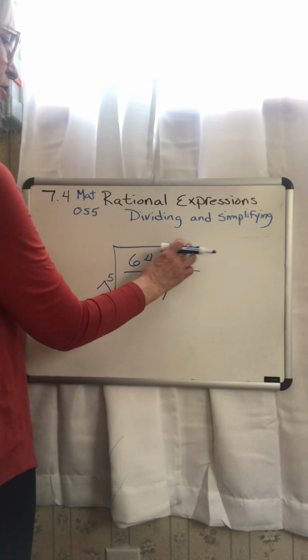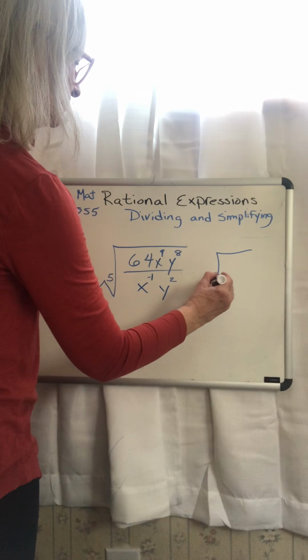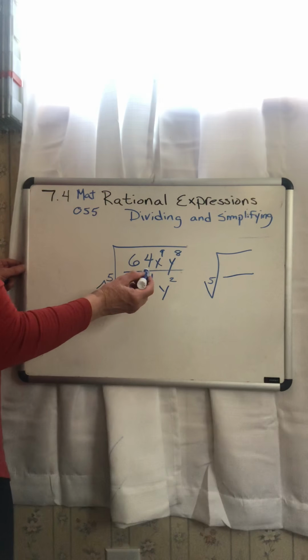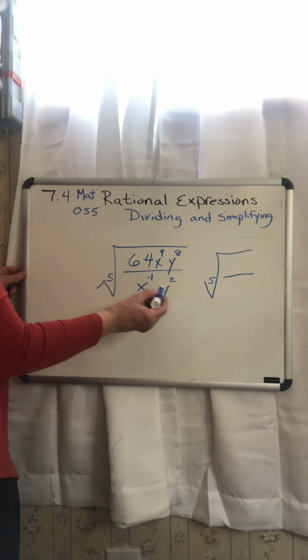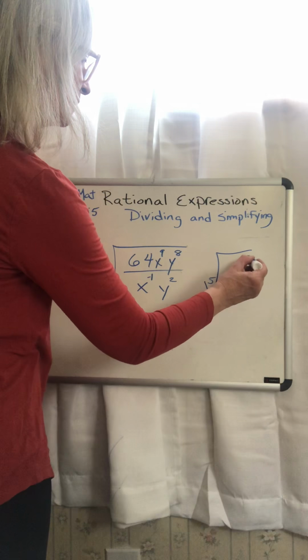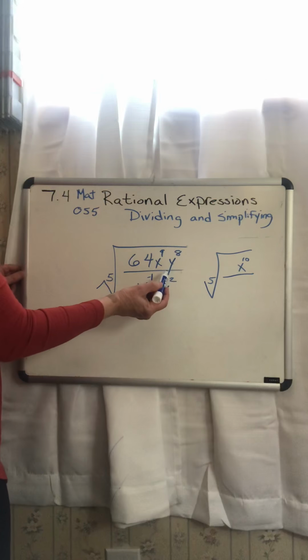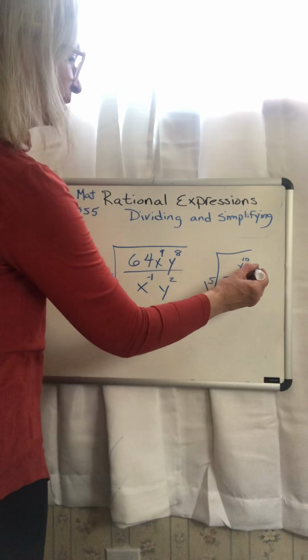Make this a little bit shorter. So 9 take away a negative 1 is going to give me x to the 10th. 8 take away 2 gives me y to the 6th.